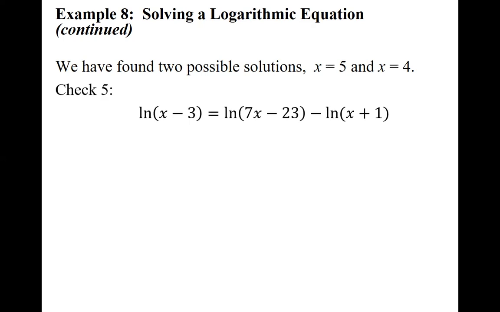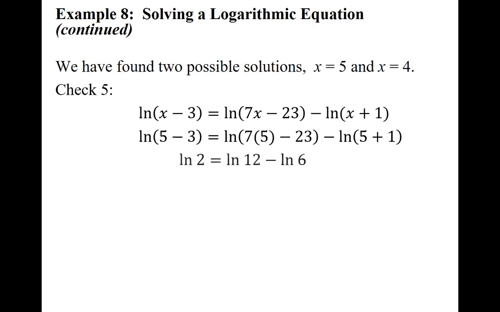When we check 5, natural log of 5 minus 3 equals natural log of 7 times 5 minus 23 minus natural log of 5 plus 1. 7 times 5 is 35. 35 minus 23 is 12. So we have the natural log of 2 equals the natural log of 12 minus the natural log of 6.